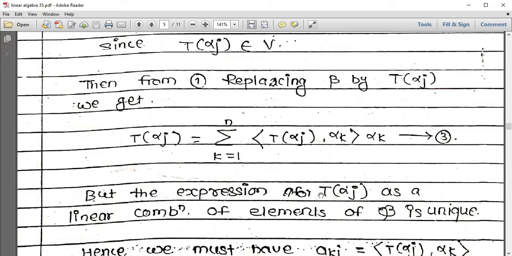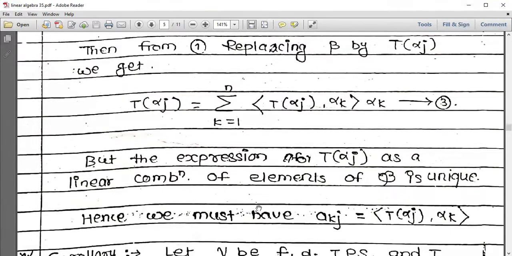But the expression for T of alpha j as a linear combination of elements of beta is unique, because beta is the basis.